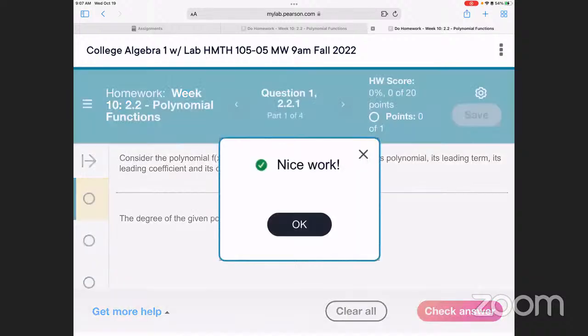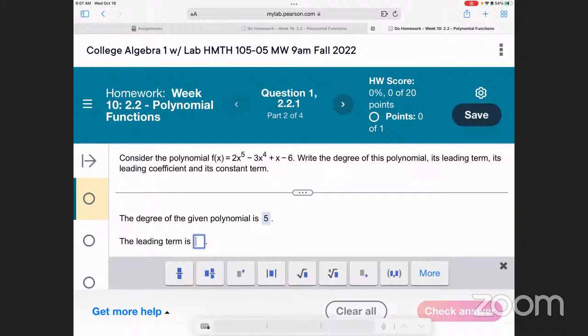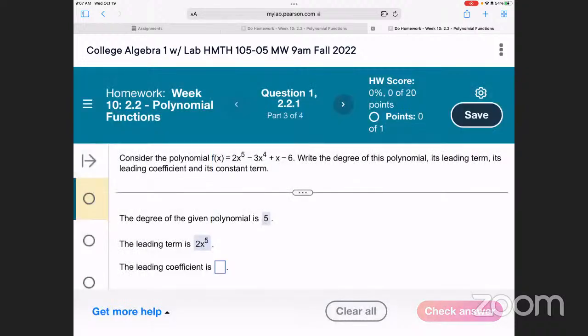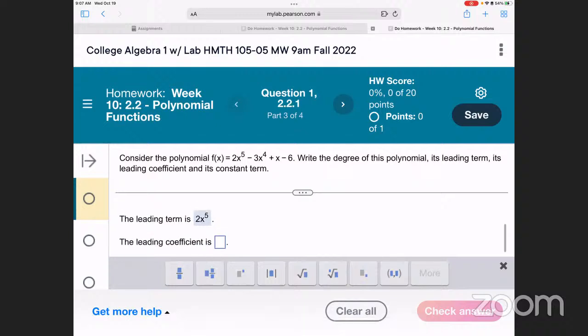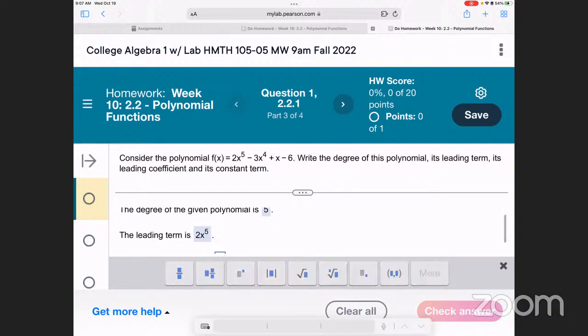Okay, that was good. What's the leading term? Terms are things that are added and subtracted, and the leading term is the term with the highest power. So that means the leading term is 2x to the 5th power. If that's our leading term, then what's our leading coefficient? The leading coefficient is the number in front of the leading term.